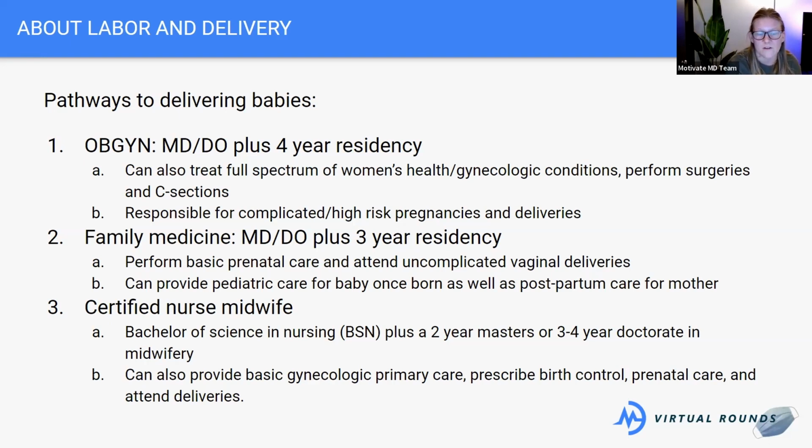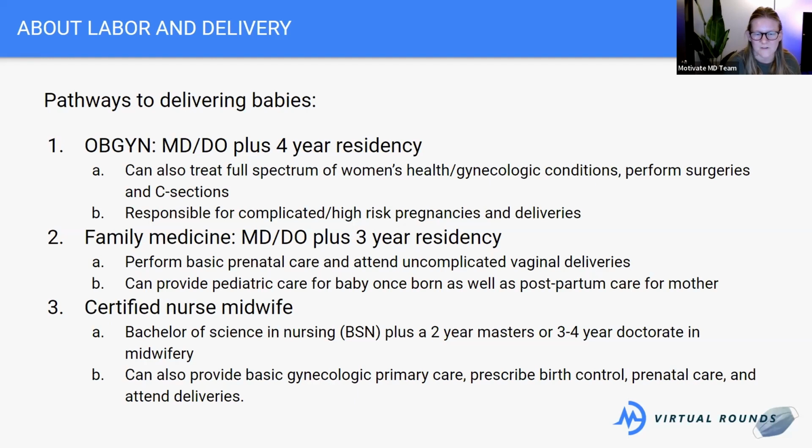And then for a certified nurse midwife, if you are somebody who's maybe interested in healthcare, but not sure if you want to go to medical school, and you're considering nursing, then you can still be an attending provider in labor and delivery as a nurse trained professional.